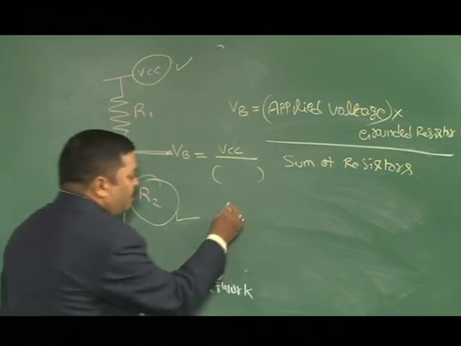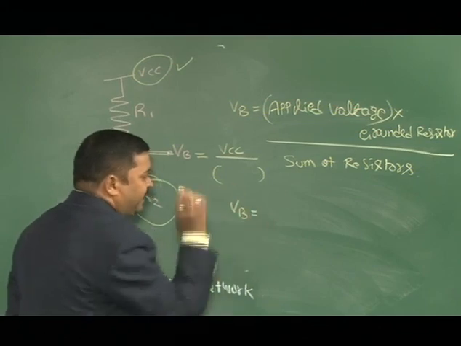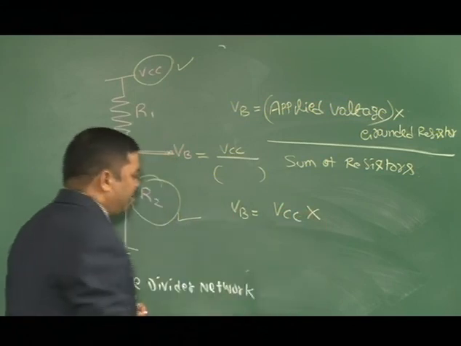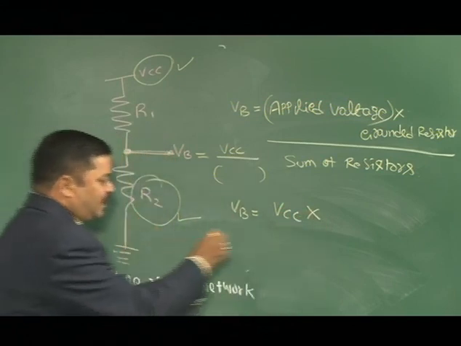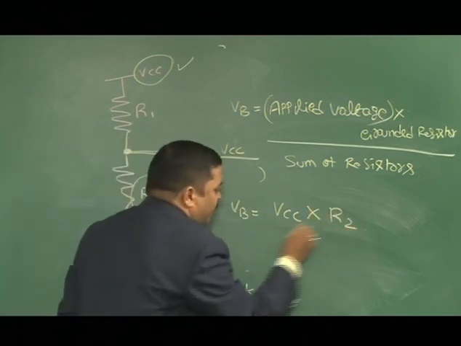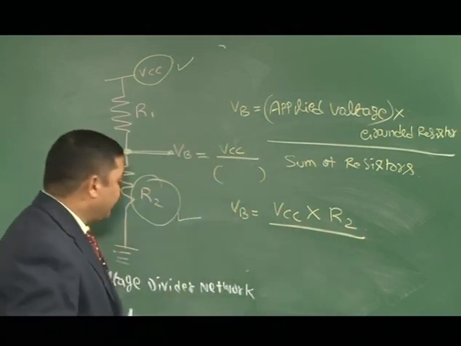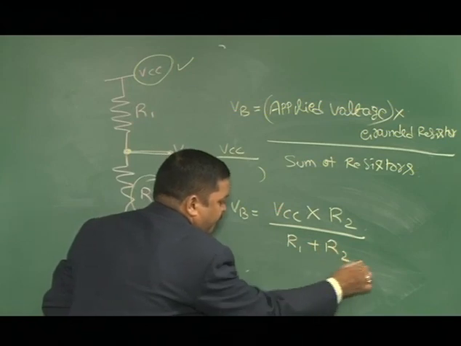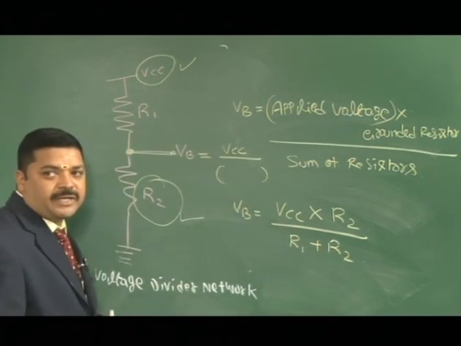Therefore, let us write what is VB. VB is given by applied voltage, which is VCC, multiplied by the grounded resistance R2, divided by the sum of resistors, R1 plus R2. So this is the voltage VB.